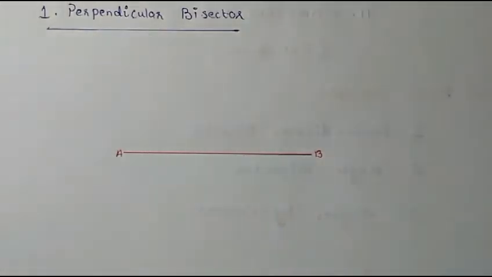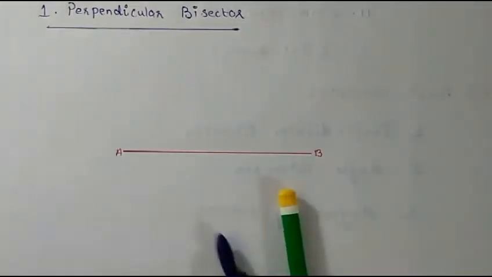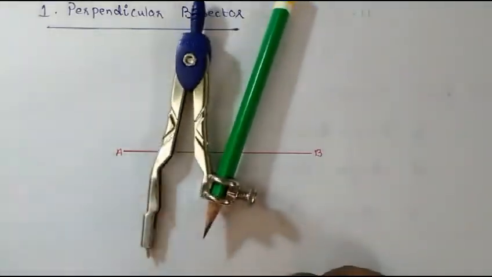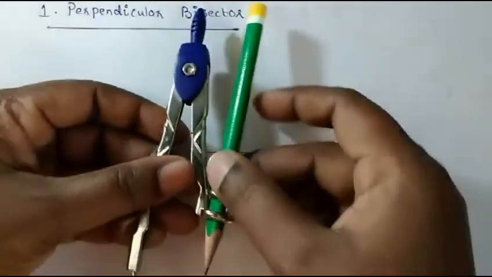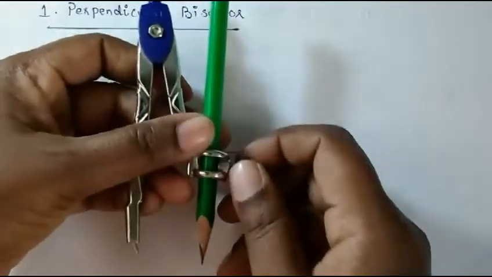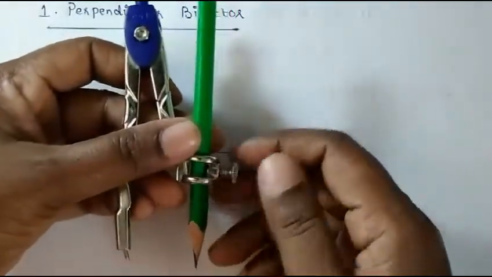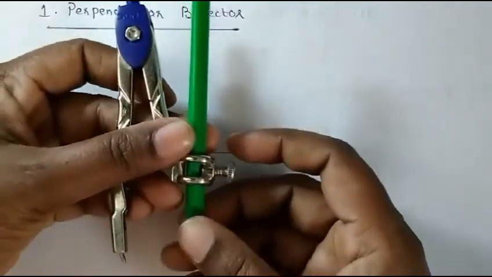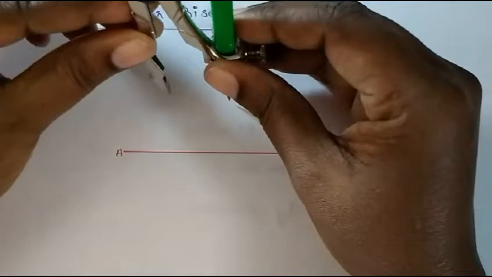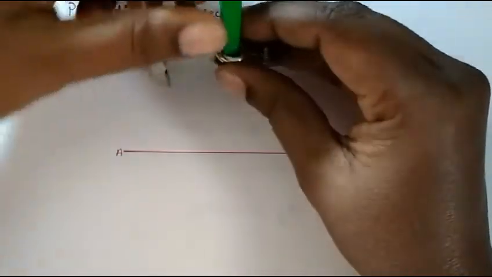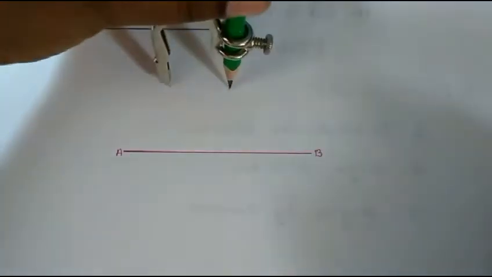You have to take your compass first, take your pencil. How to fix it? Some students have the habit of keeping the pencil and fixing it with the hand. You are not supposed to do like this. Always keep the pencil and the compass down on the floor and see that both sides are touching equally.